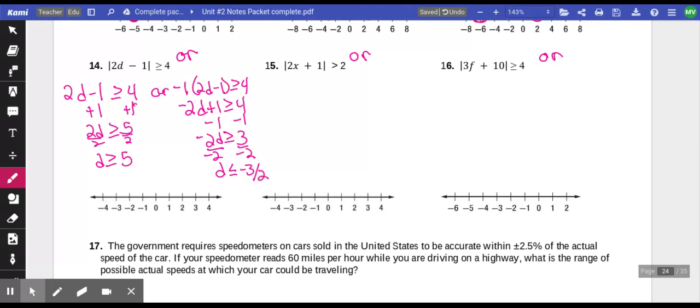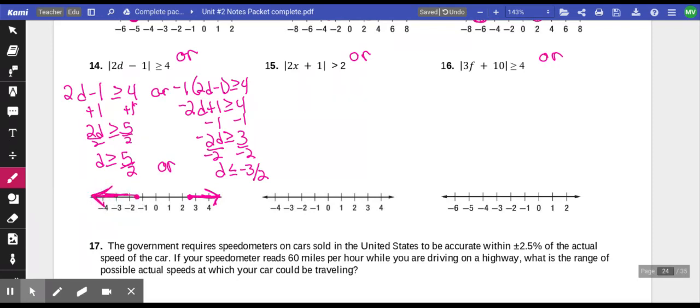I stumbled because here I said greater than or equal to 5, but it's really greater than or equal to 5 halves. Notice I can't be less than -3 halves and greater than 5 halves. But a greater than is an or. So I'm going to graph d greater than or equal to 5 halves. That's a solid circle on 2.5 and an arrow to the right, and a solid circle on -1.5 and an arrow to the left.